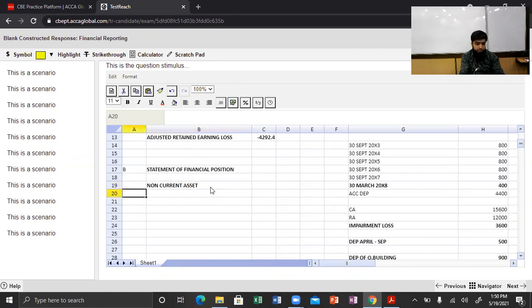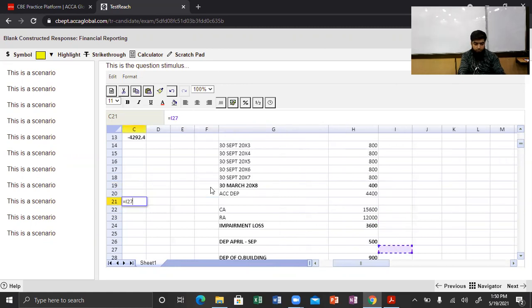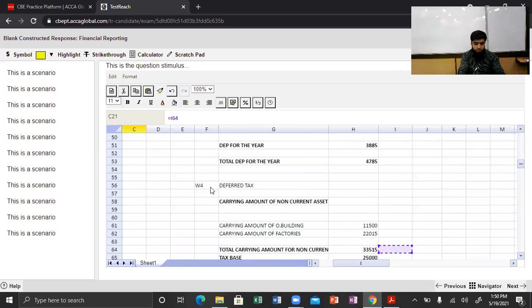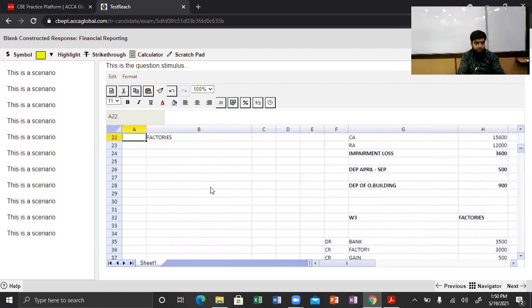We have two non-current assets. That is the office building and factories. We are just going to link those cells. The carrying amount of the office building, which we have calculated for deferred tax calculation, is 11,500.